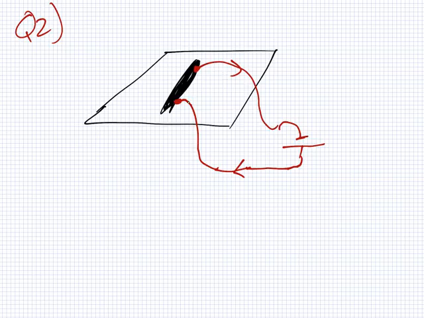I can put a voltmeter here and you'll see I get a voltage. It works because graphite is a conductor, and I'll show you it in class.